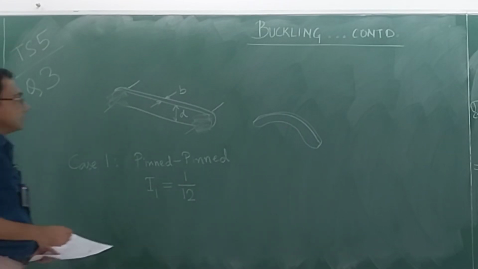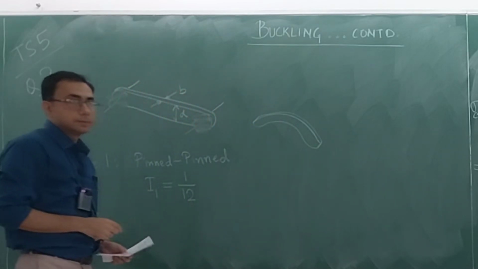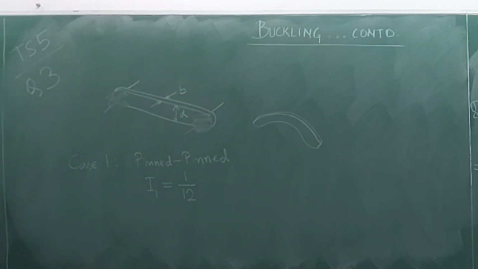So our cross section, which is the cross section of interest here? Of course, it's a rectangle. Okay, rectangular cross section is both ways, but about which axis are we doing this? Horizontal, come on.